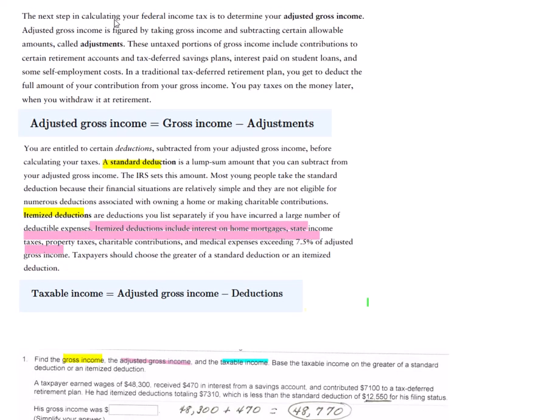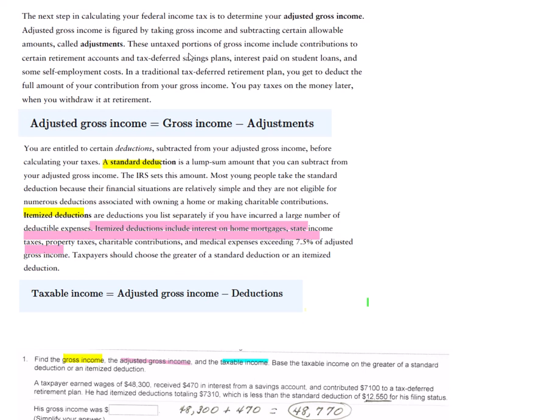The next step in calculating your federal income tax is to determine your adjusted gross income. Your adjusted gross income is figured by taking your gross income and subtracting certain allowable amounts called adjustments.